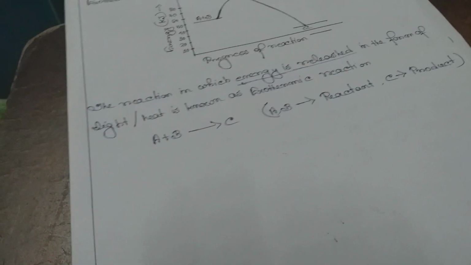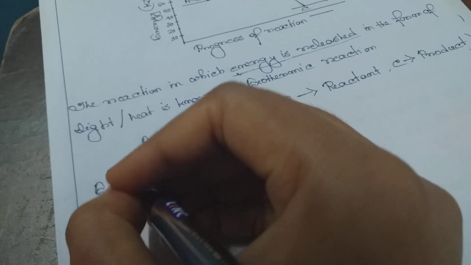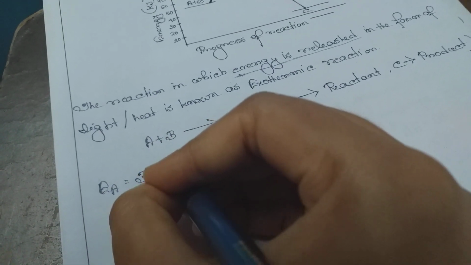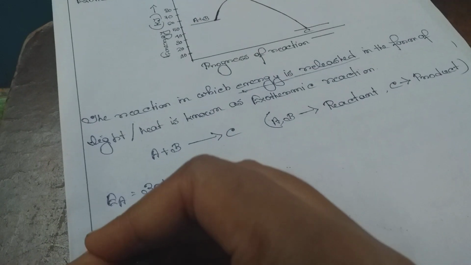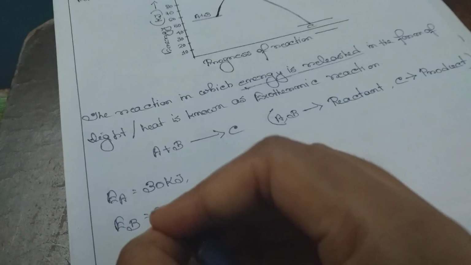Let us consider the energy of A is 30 kilojoule and energy of B is 20 kilojoule.